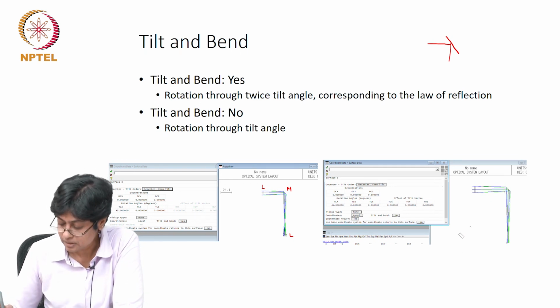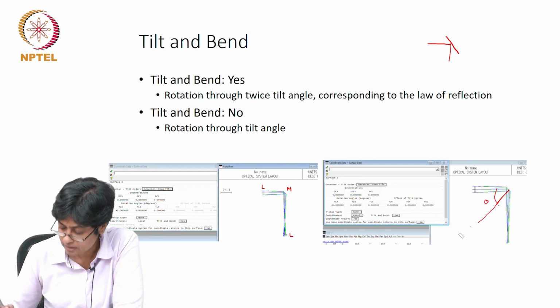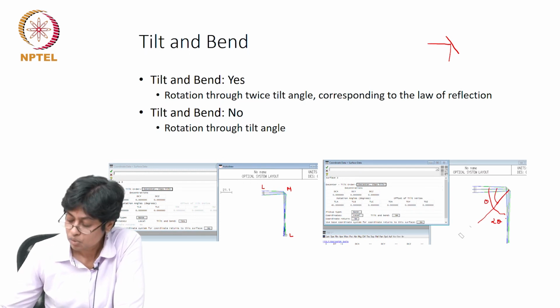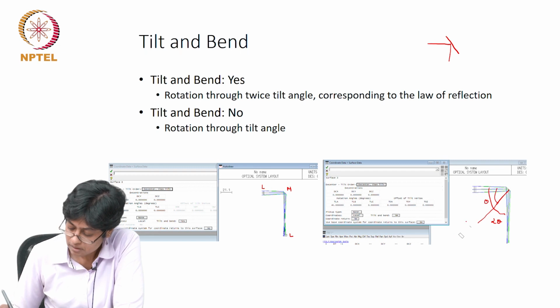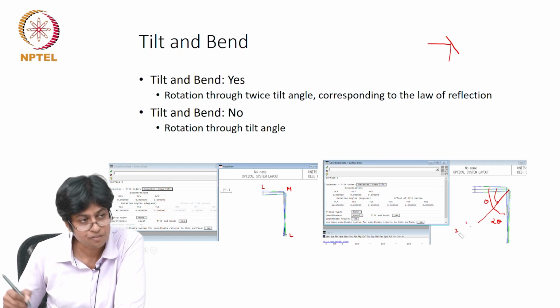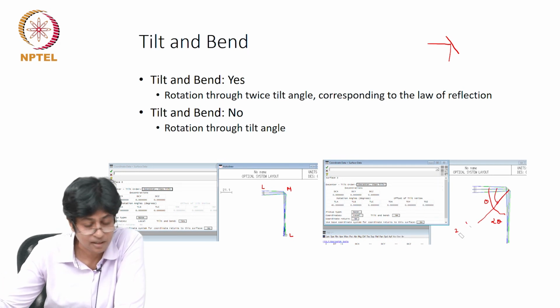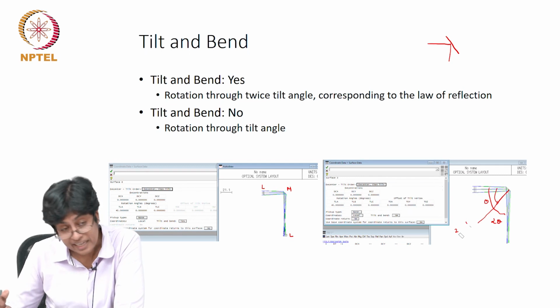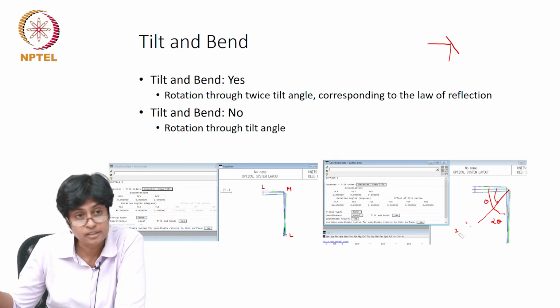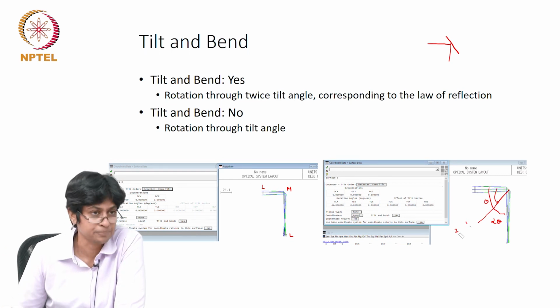So this element, this angle is theta, this angle is 2 theta, right? So these elements are placed along the optical axis given by the local coordinate system following the tilt theta, whereas the rays of light are following the law of reflection, and therefore they bend 2 theta from the mirror.